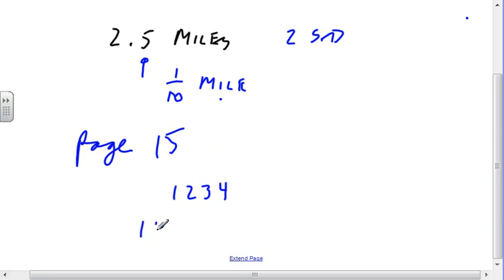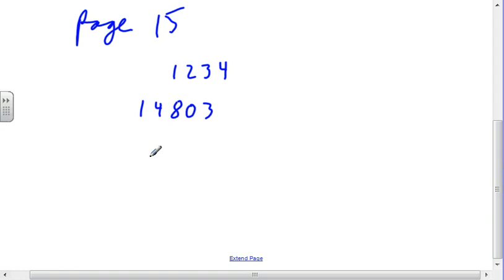If I had 1, 4, 8, 0, 3, I would have 5 significant digits. If I had 1, 4, 0, 0, 0, well, the zeros are not significant. Only the 1 and the 4 are. So I'd have 2 significant digits. In the case of the number above, the 0 is sandwiched between an 8 and a 3, so I have to count it as significant because the 3 is as well.